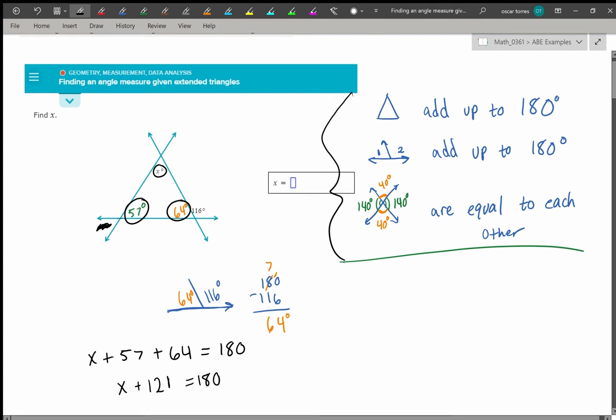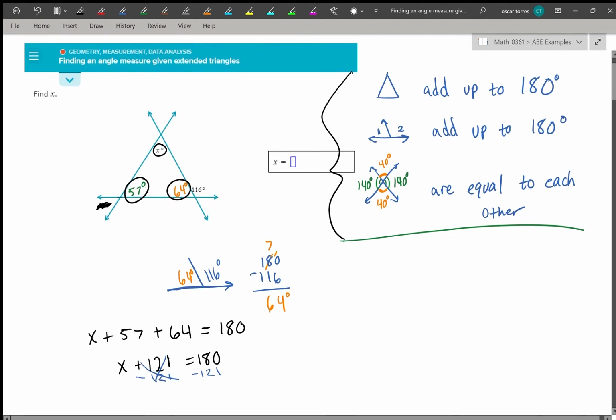To finish solving this equation, to get the x by itself, we do the opposite of whatever is happening to the x. The x is being added to 121, so we're going to subtract 121 from both sides. If I do that, I end up with x equals 180 minus 121.